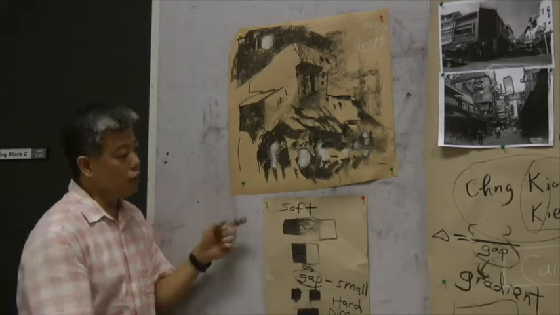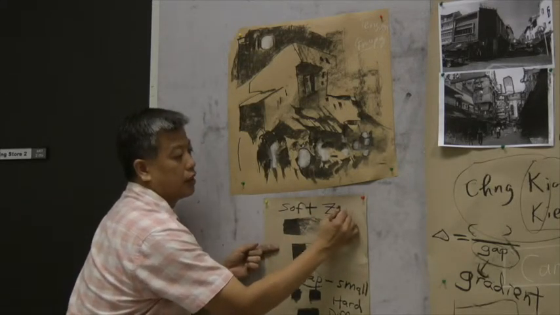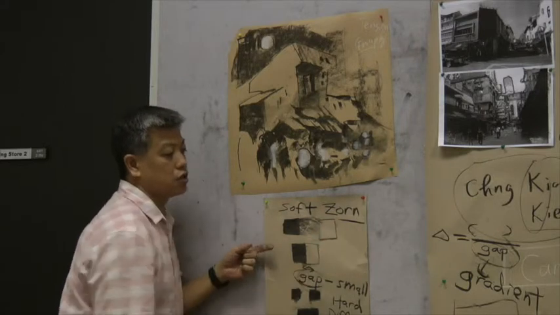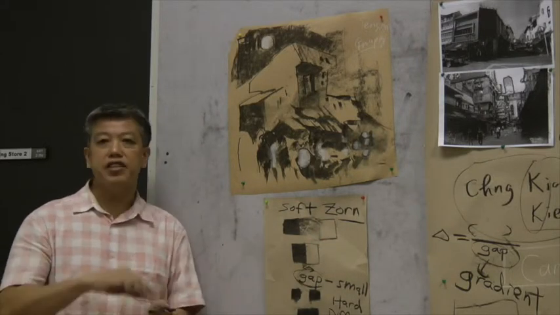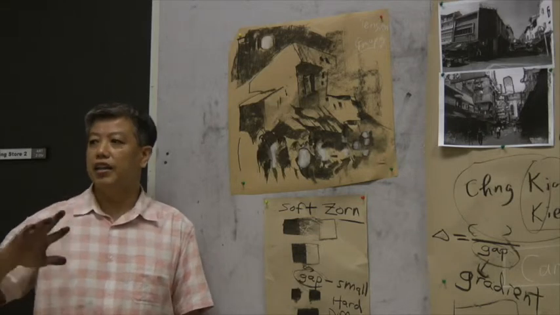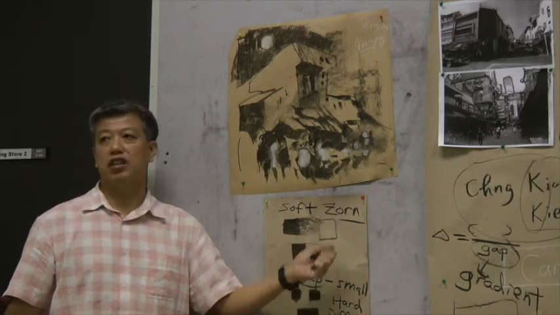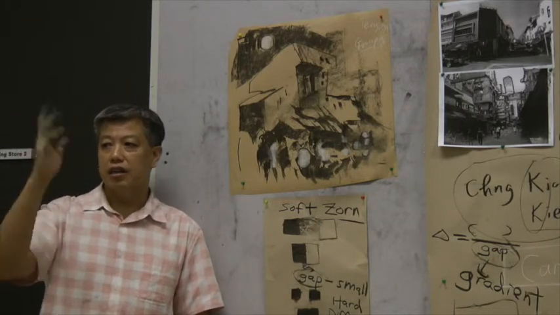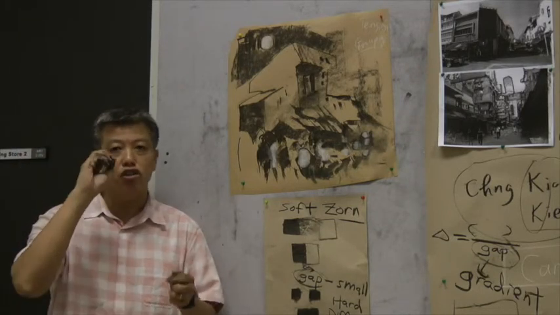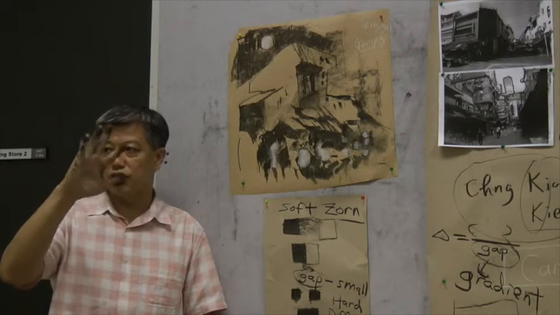Now, don't believe? Go and see Zorn's painting. Every single edge is softened, but it looks hard at certain places. All the paintings that Zorn did, like many of the figures, subject matter, many of the things, is all softened. The brushwork is all softened at the corner.